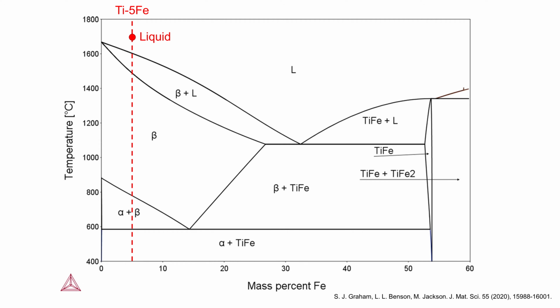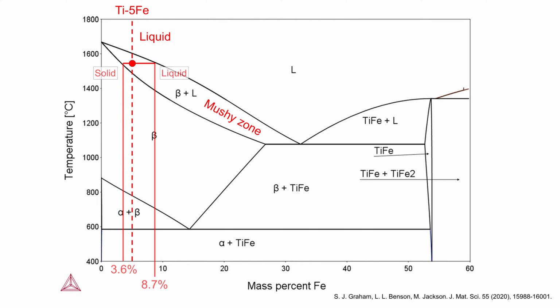As we cool down, the metal begins to freeze, and we hit the liquid plus solid beta phase region, which is the mushy zone. This region only exists because the iron is rejected from the solidifying titanium. We can actually draw a tie line on the diagram at a particular temperature to calculate the exact composition of the liquid and the solid to show this partitioning of iron in the mushy zone.